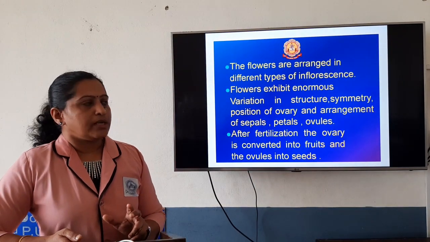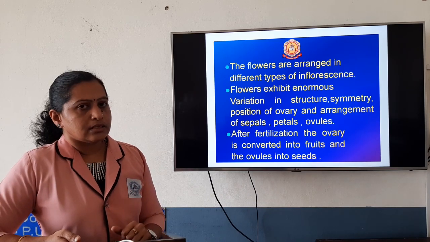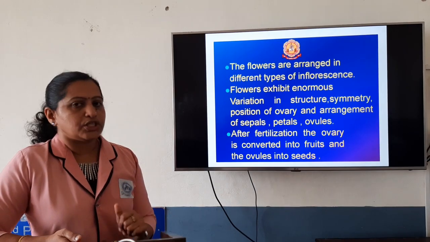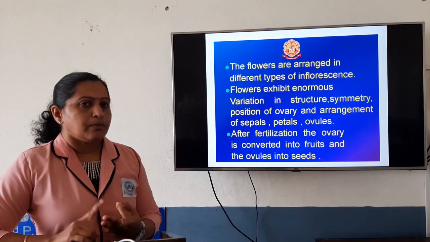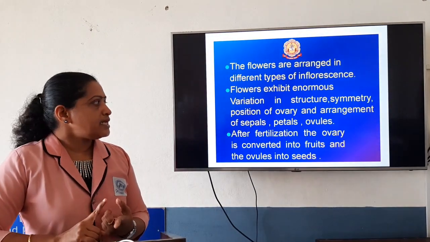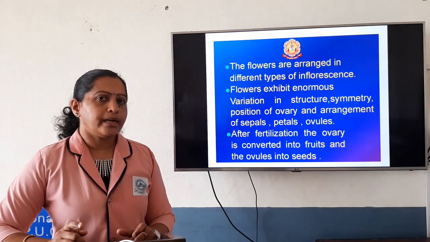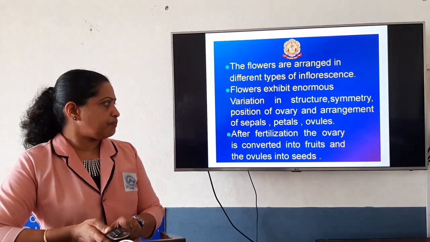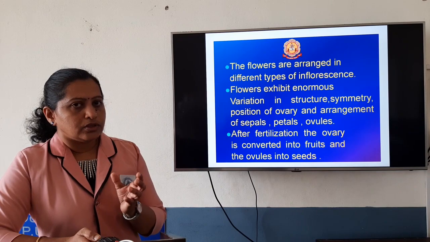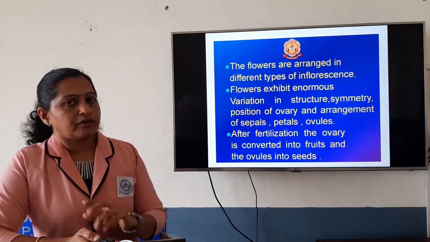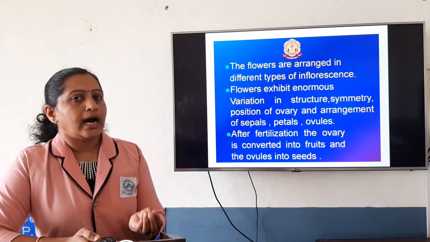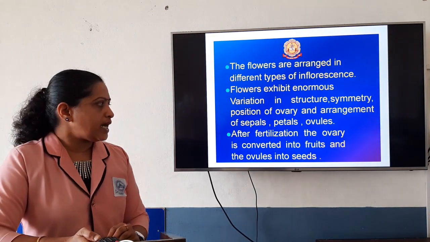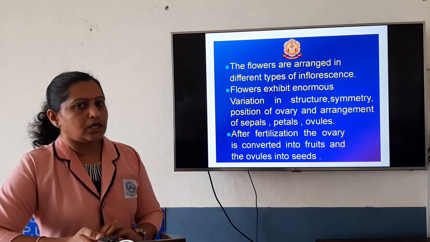And flowers exhibit various variations, especially in structure, in symmetry, in the position of their ovary, as well as in the arrangement of sepals, petals as well as ovules. And you know that after fertilization, certain parts of the flower like ovules are transformed into seeds, whereas the ovary is converted into fruit.